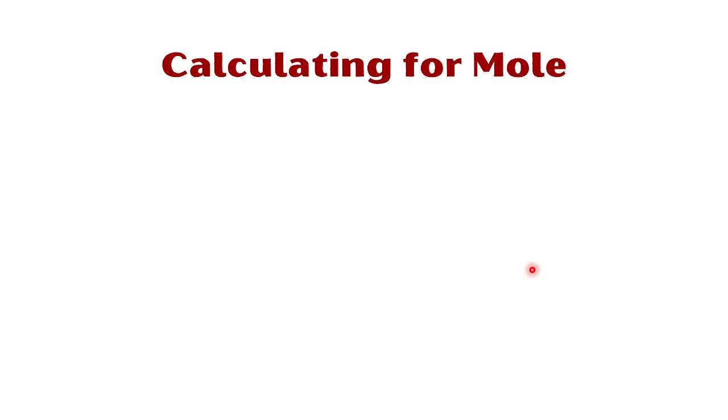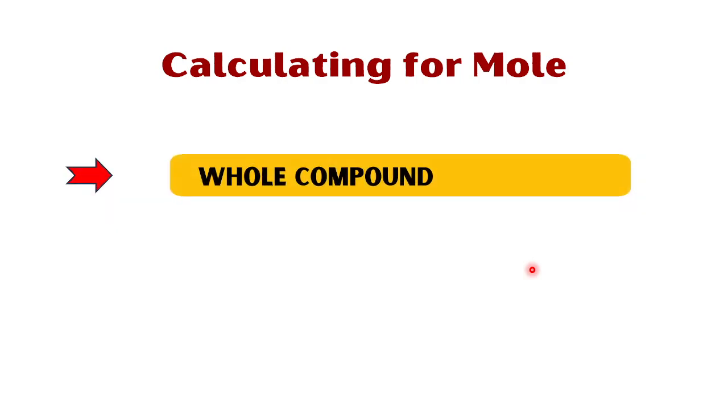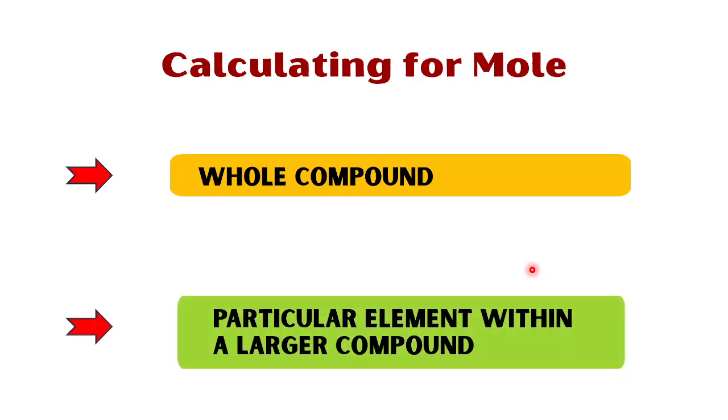Now, there are two ways, class, by which we can calculate for mole. It's either we look at the whole compound, or we consider a specific element that is present in a larger compound.